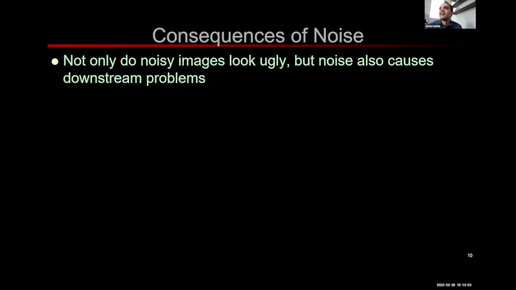Those set of images may be something you haven't seen so much of before, because people don't usually show you their really noisy images. The really noisy images are things you hide in your file cabinet rather than showing them to everyone. Something I want to emphasize here is that these noisy images not only look ugly, but they also cause downstream problems.